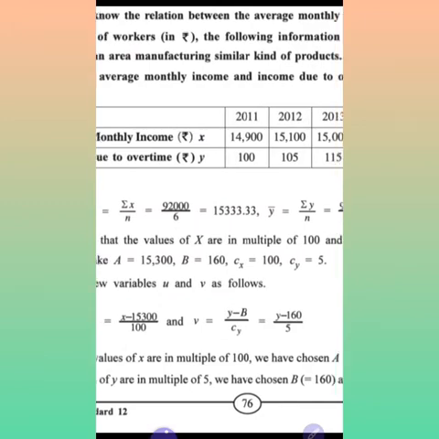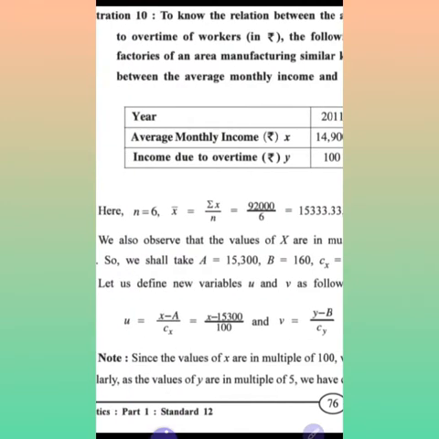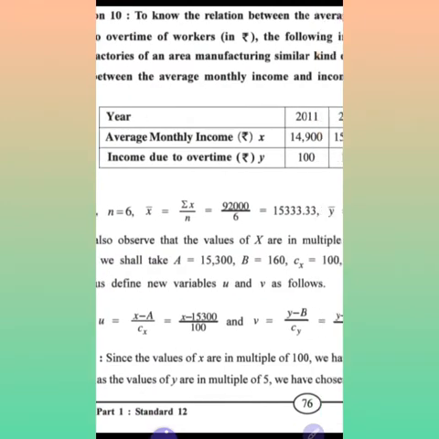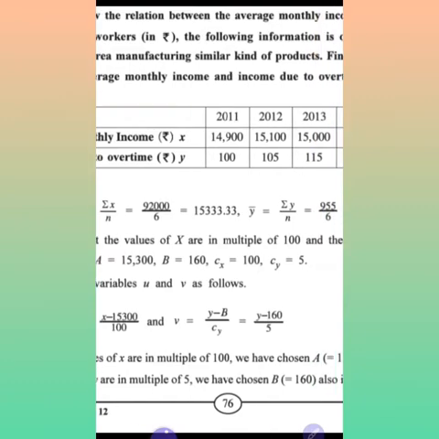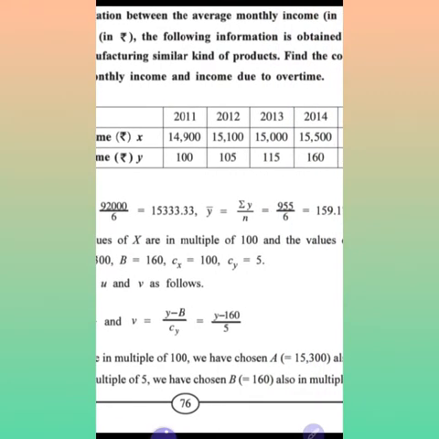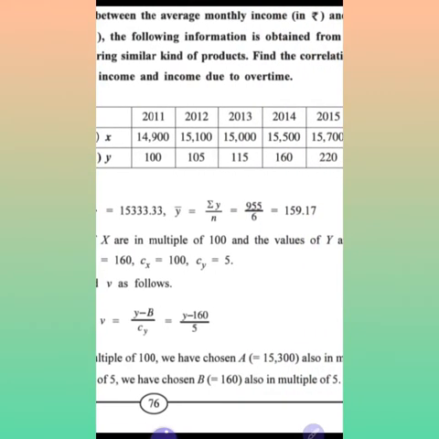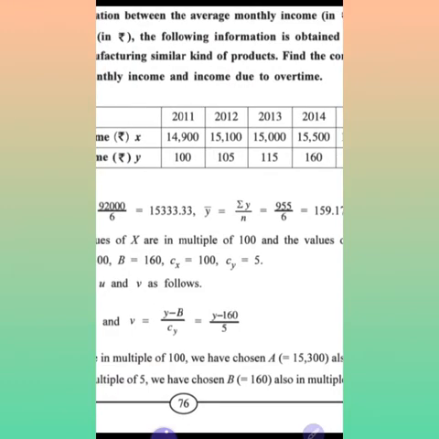Now children, just see how we find out u and v, right. Now first of all, just see, because over here the means are in decimals, we can't use our first method. Similarly, as I taught you earlier, see the variables of x and the variables of y, there is vast difference between these two variables, and that's why over here we even can't use the xy method.